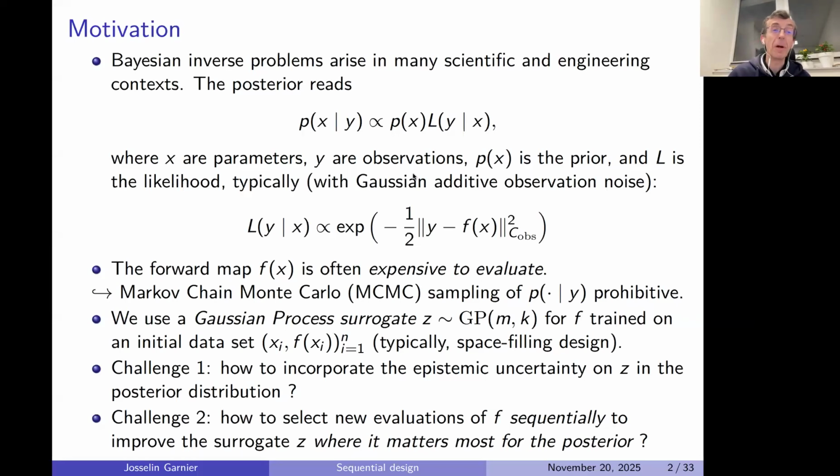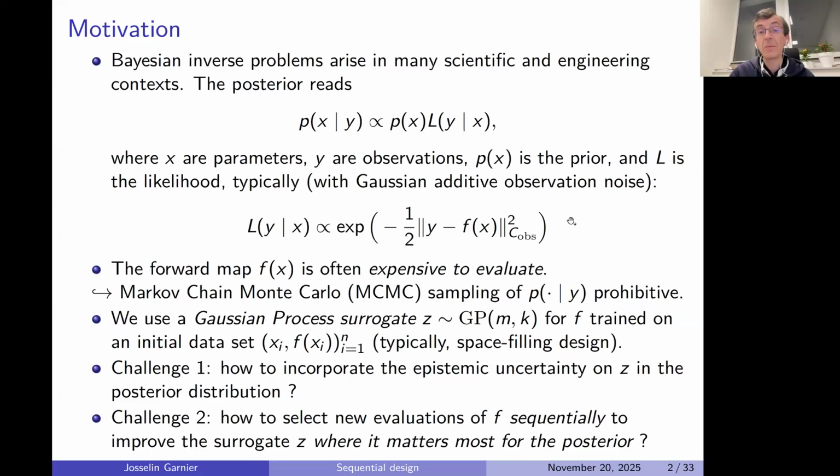We have unknown parameters x and observation y, and we want to understand the structure of the posterior, that is, the distribution of x given y, which by Bayes' theorem is proportional to the product of the prior distribution on the parameters, p(x), and the likelihood of y given x.